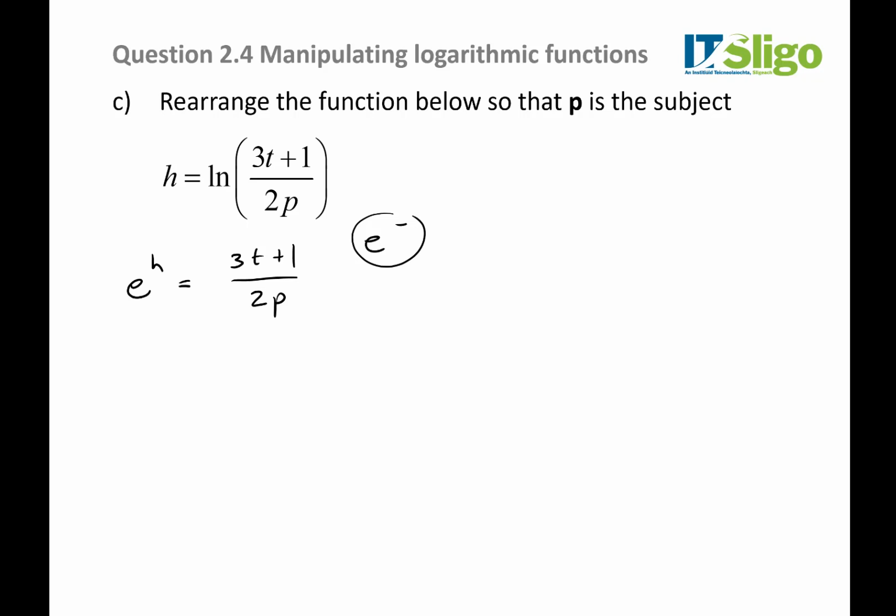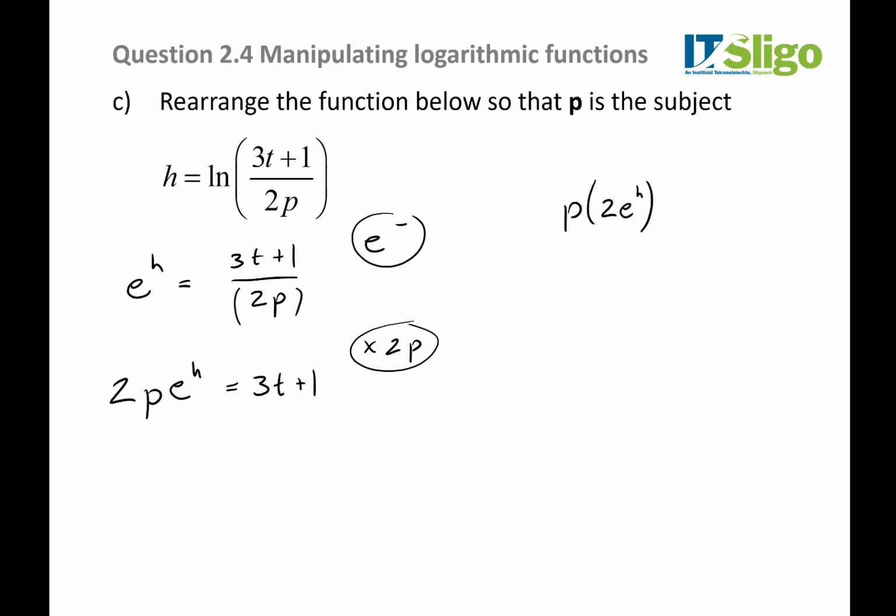Anytime your subject is on the bottom, or anytime you have a rational term, a fractiony looking thing, always get rid of whatever's on the bottom. Put brackets around it and multiply. So multiply both sides by 2p, and we get 2p e to the power of h is 3t plus 1. Now I'm going to rewrite this, guys, as simply just p by 2e to the power of h is 3t plus 1.